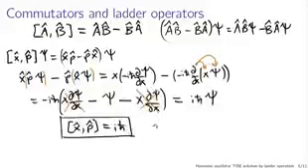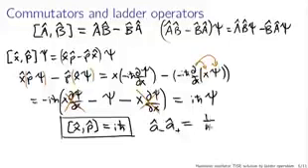When we evaluated a minus hat, a plus hat, we ended up with 1 over h bar omega times the Hamiltonian, plus some constants. And if you flip back a slide, the i h bars end up actually canceling out, and we just end up with plus a half for our constant. So while we did not succeed in fully factoring the Hamiltonian, we did get the Hamiltonian back, plus a constant.